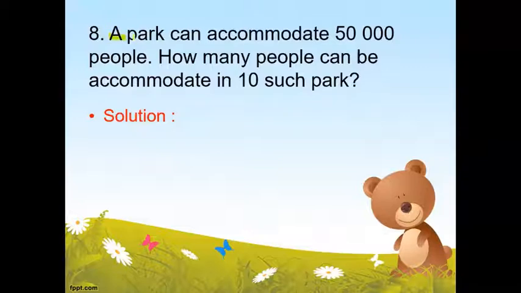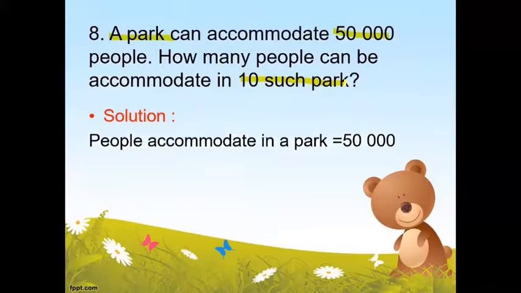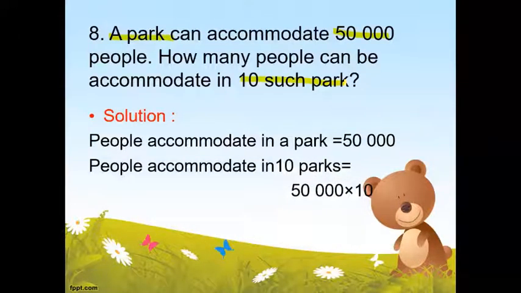So in one park, the accommodation is 50,000, and we want to calculate how many people can be accommodated in 10 such parks. So we want to find about 10 parks and we know about one park. So we have to do the multiplication again. People accommodated in one park, then people accommodated in 10 parks. So we will multiply the same 50,000 with 10.